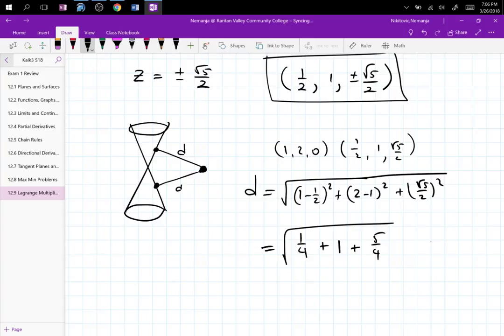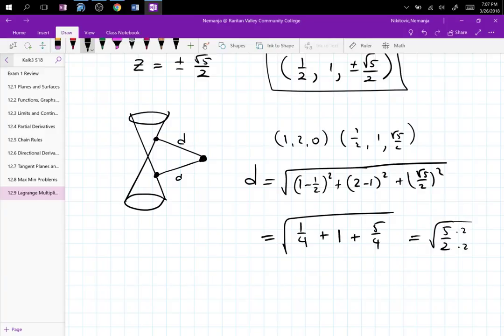So this is 6/4, that's 3/2, plus 1 is 5/2. So it's a square root of 5/2. Multiply top and bottom by 2 to get a value that you can work with. It's root 10 over 4. So that will be the minimum distance.